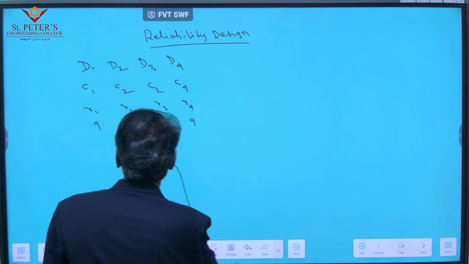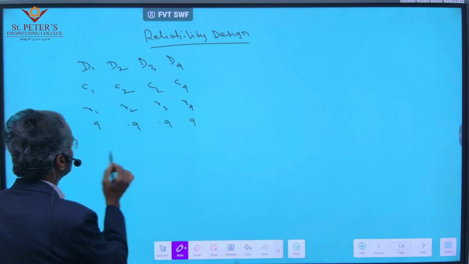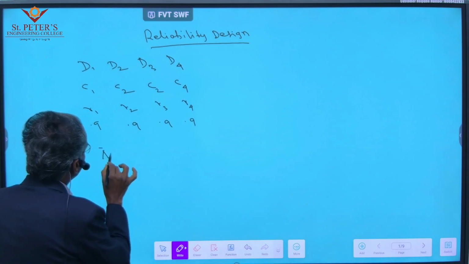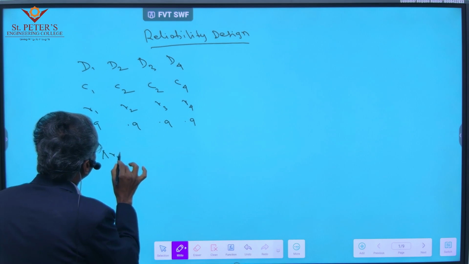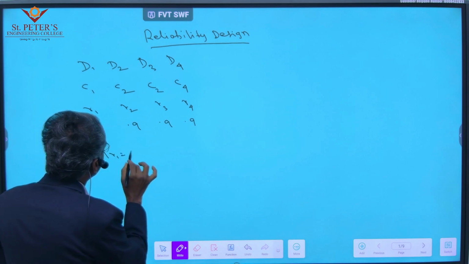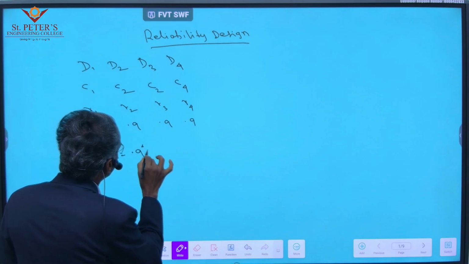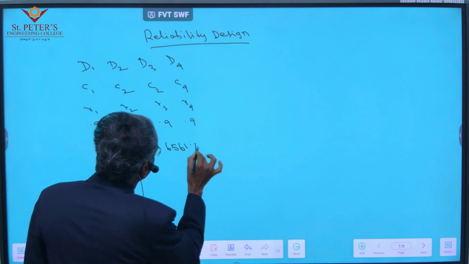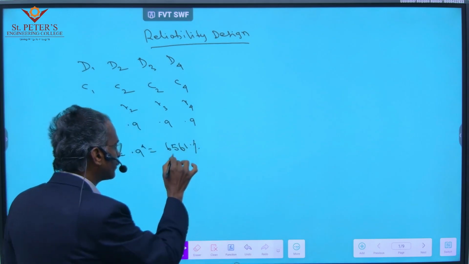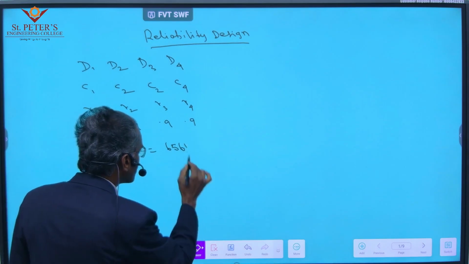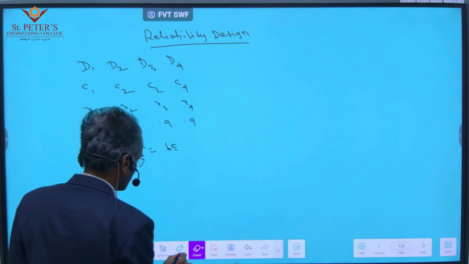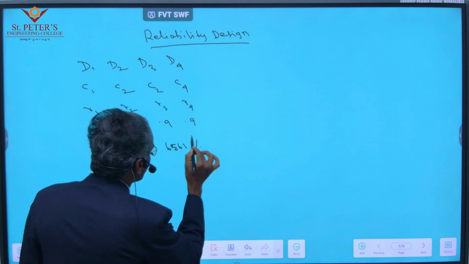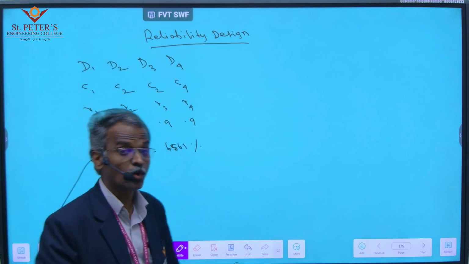We have 0.9 as the average reliability ratio. So this is the overall reliability ratio of the overall system.